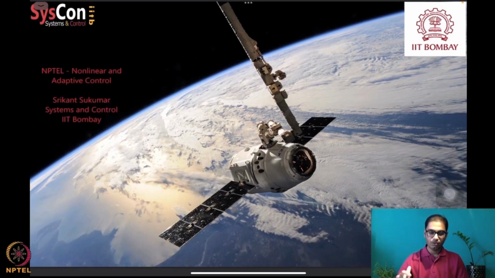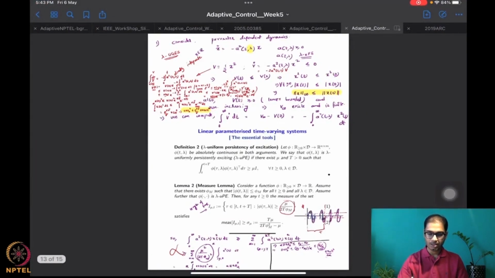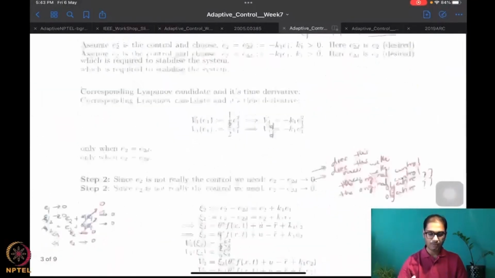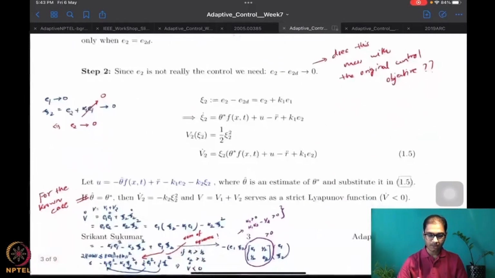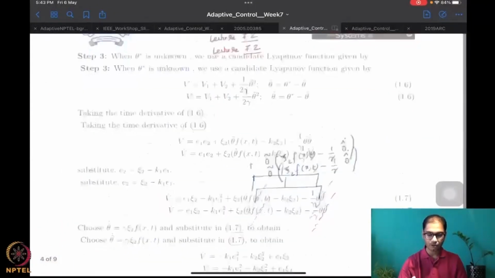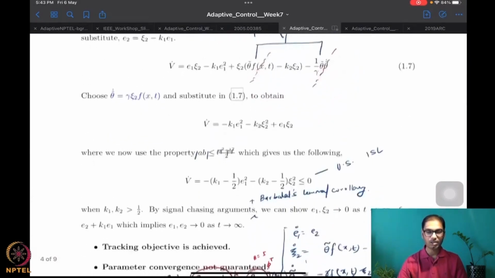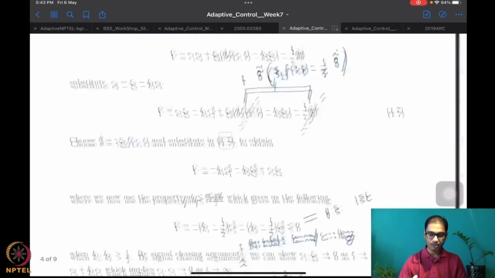So, what we were doing until this last time is to look at first the matched uncertainty case. That is when the parameter was in fact matched with the adaptive controller. And we actually learned how to use a backstepping based Lyapunov design to construct a control and an update law, and therefore an adaptive controller for such a system, right?